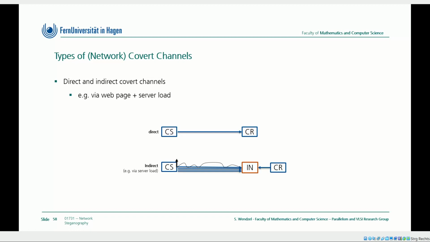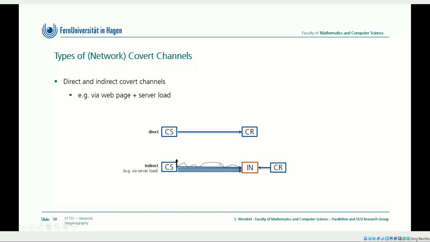This would work, for instance, over the web server load. If the intermediate node is a web server, let's say an embedded web server with low computing power, the covert sender could send over time either many or only a few requests to the web server. This is indicated by this line here.